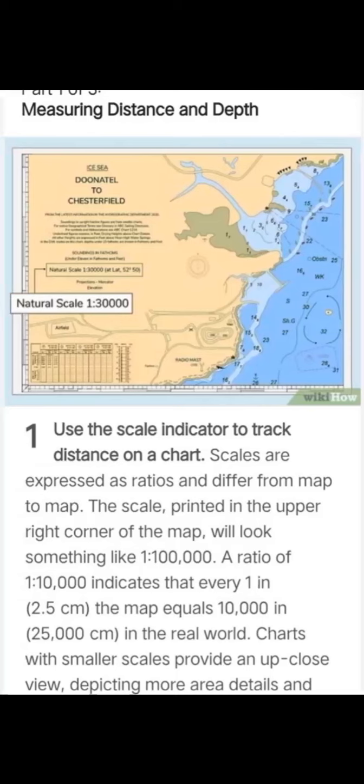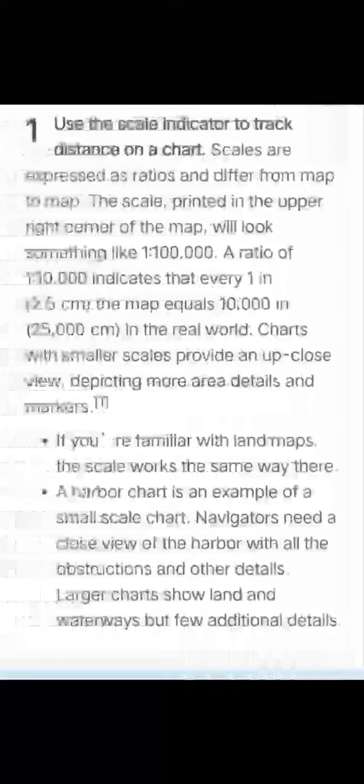A ratio of 1 to 10,000 indicates that every 1 inch, or 2.5 centimeters, on the map equals 10,000 inches, or 25,000 centimeters, in the real world. Charts with smaller scales provide an up-close view, depicting more detail and markers.